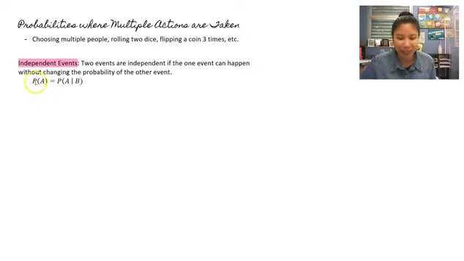Mathematically, we can write this as the probability of event A being equal to the probability of event A given B happened. So whether or not B happened, the probability of A would still be the same. Because event B didn't affect event A, they are considered independent events.